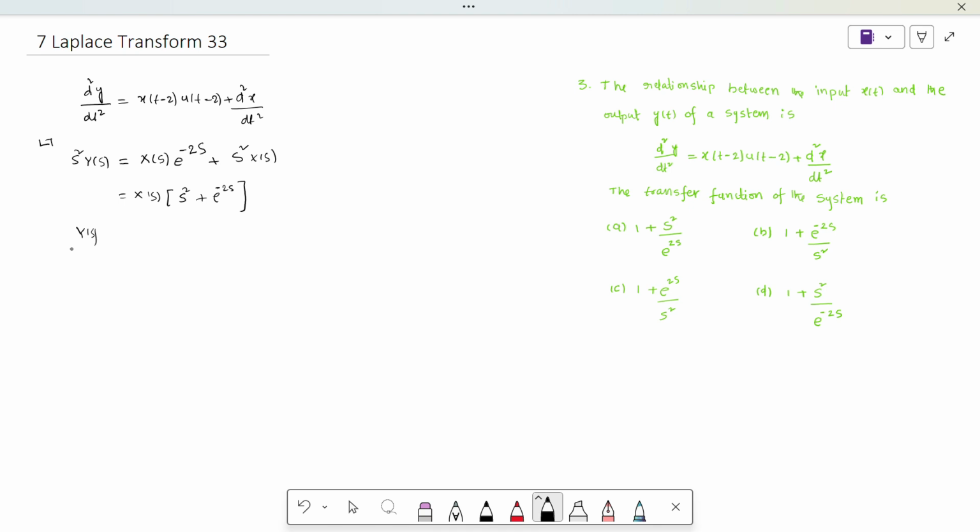So Y of s by X of s equals H of s, that equals (s square plus e power minus 2s) by s square. So it is nothing but 1 plus e power minus 2s by s square. So this is 1 plus, option B.